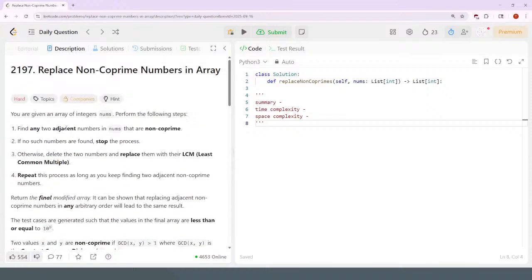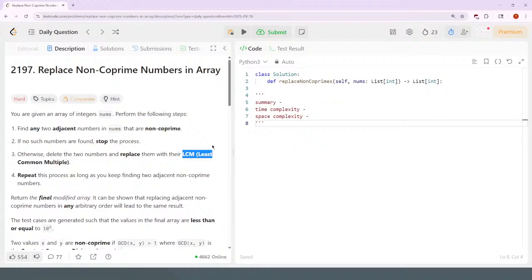So find any two adjacent numbers that are non-coprime, remove them. If those are, delete the two numbers and replace them with the least common multiple. So the least common multiple of those numbers would be the numbers with all their primes. No, wouldn't it just be their product, I think.